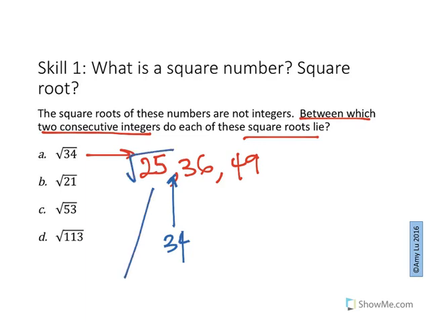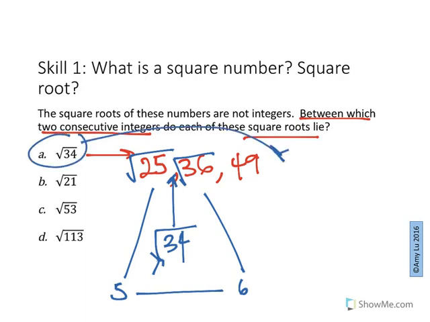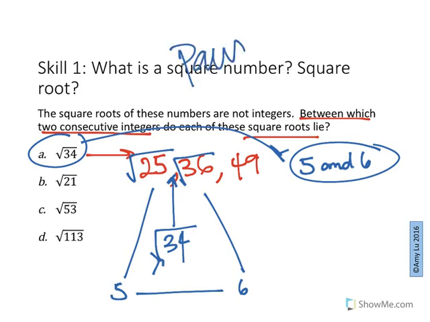Well, the square root of 25 is 5, and the square root of 36 is 6, so therefore the square root of 34 has to be a number between 5 and 6. So the answer for A is that it has to be between 5 and 6. We're not working precisely with the decimal yet. So at this time, go ahead and pause and try to do the remaining.